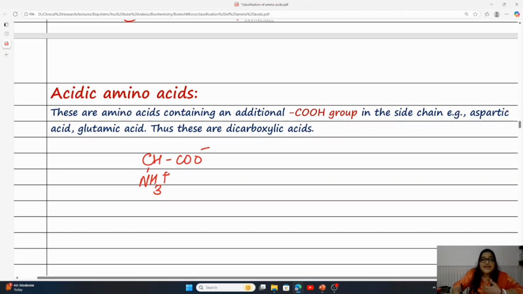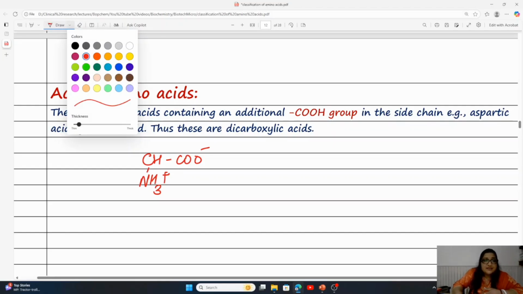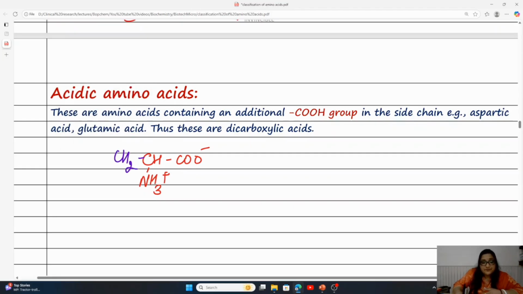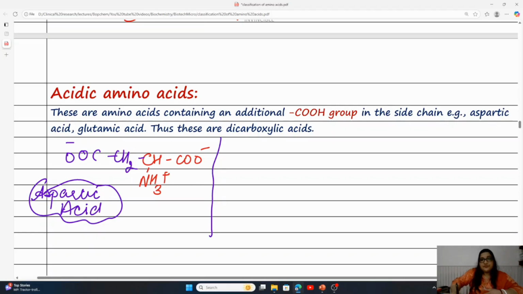But now in acidic amino acids, the side group will be acidic. So it will be CH2, COO negative. So this is aspartic acid.